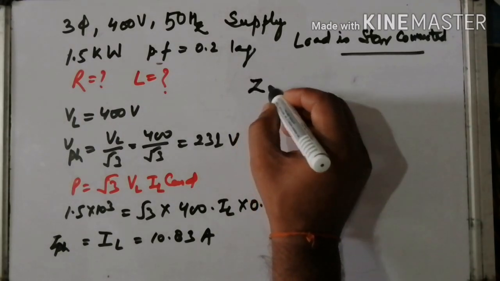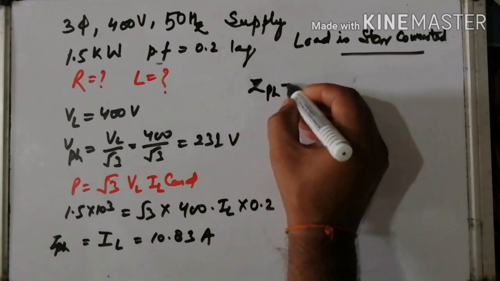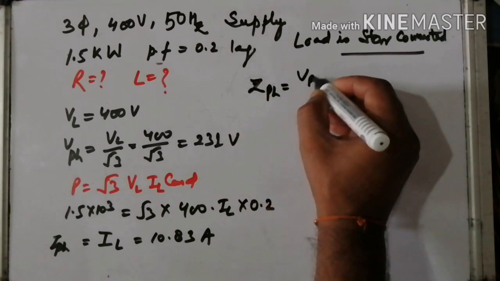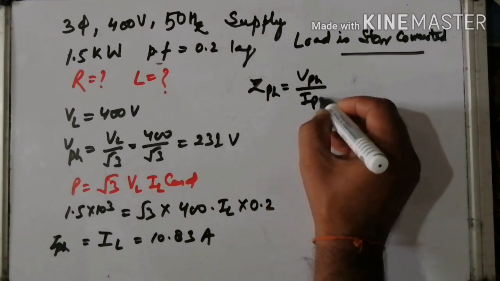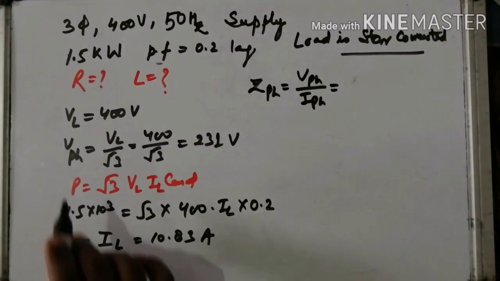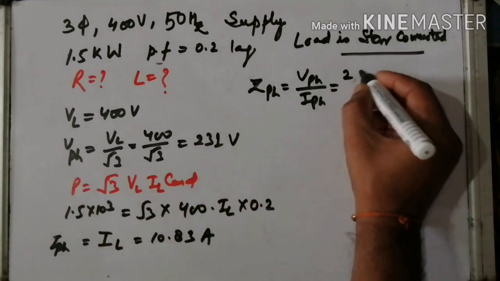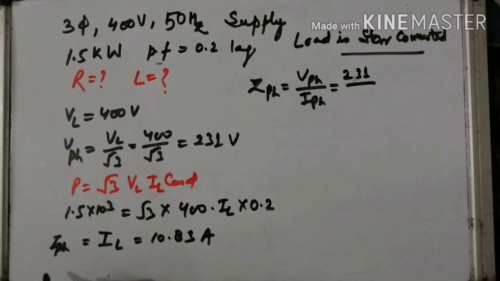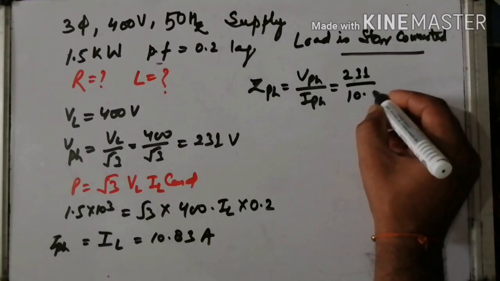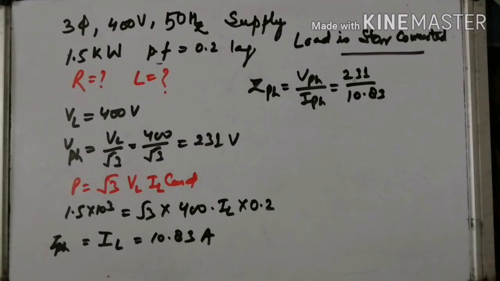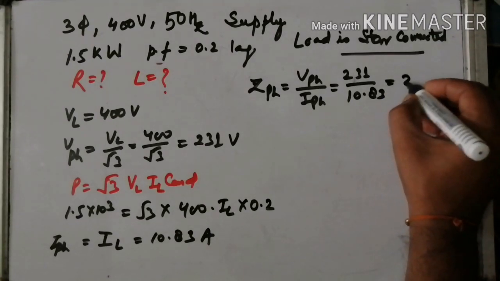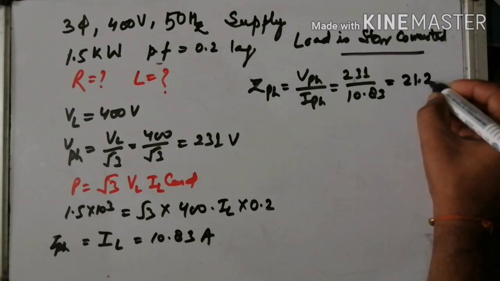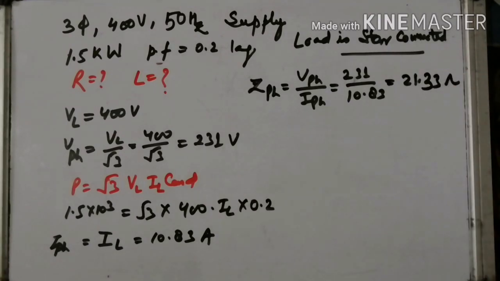Now we can calculate ZPH, which is nothing but VPH divided by IPH. VPH is 231, IPH is the same, that is 10.83. Right? It is 21.33 ohm. This is the value of ZPH. Right?